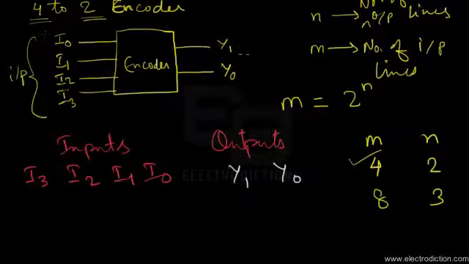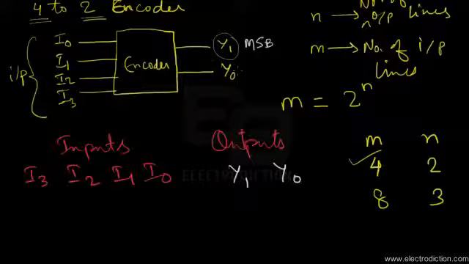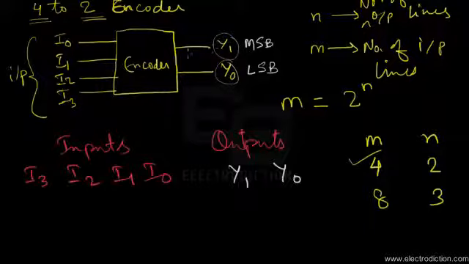Since the encoder outputs a binary code, Y1 would be the MSB of the binary code output from the encoder, while Y0 would represent the LSB.